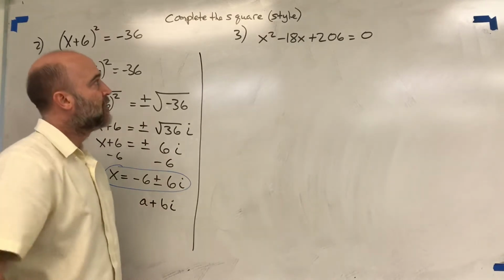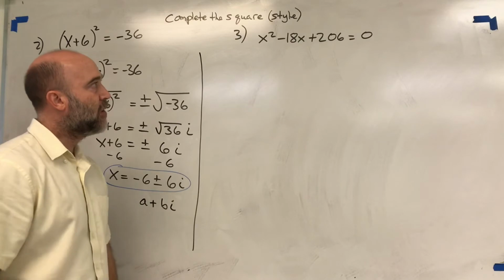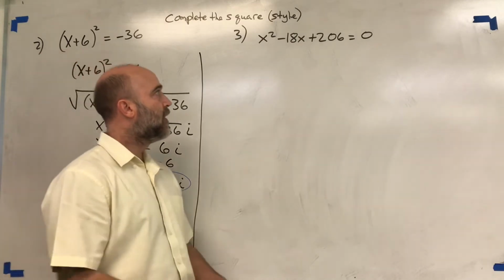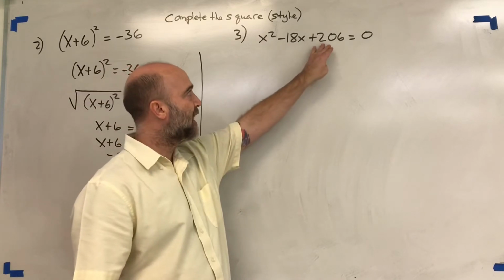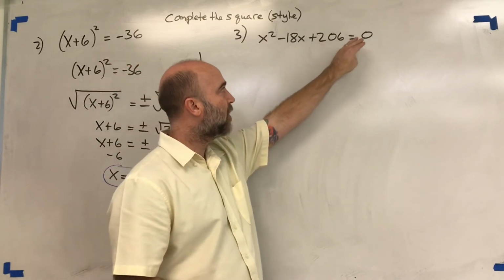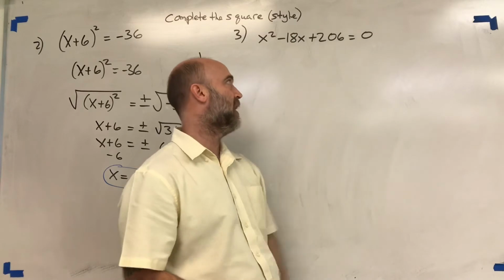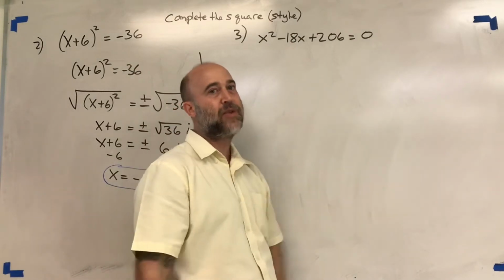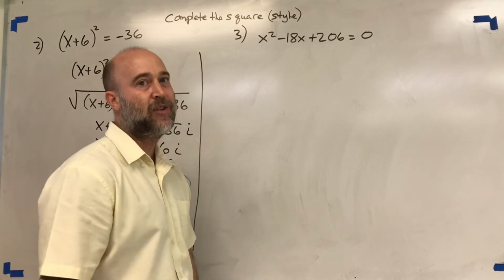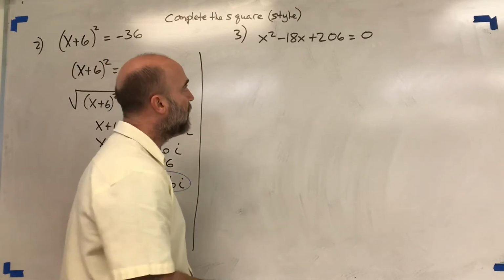All right, so the book or the program has their way, which they like to move this number to the other side, and then we focus on the x's and do things to both sides. I want to show you a different technique, the one that I use.